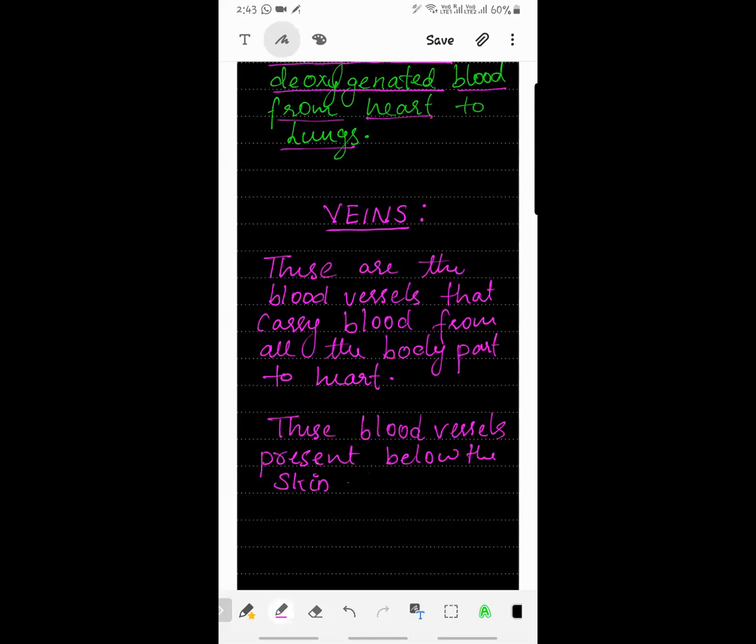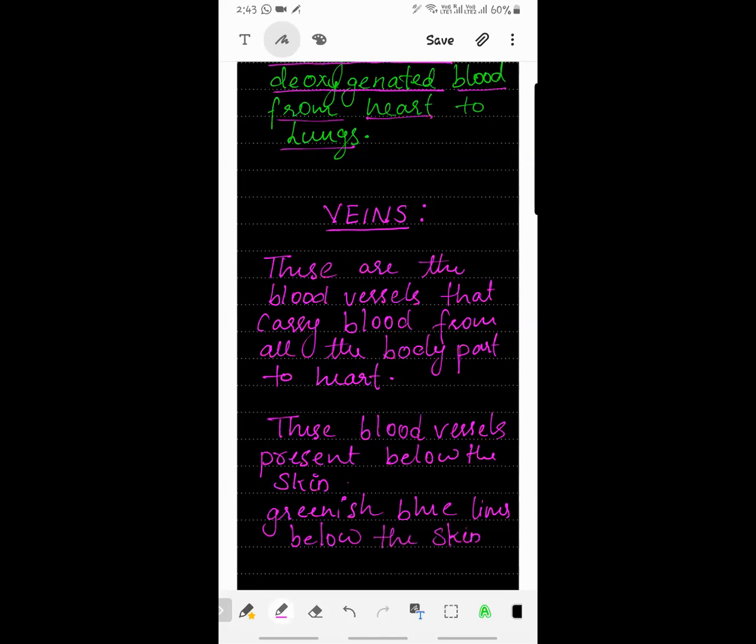You can see greenish blue lines below the skin.